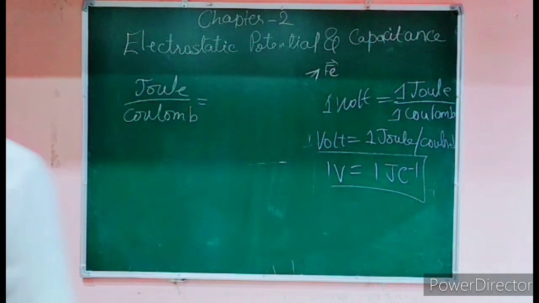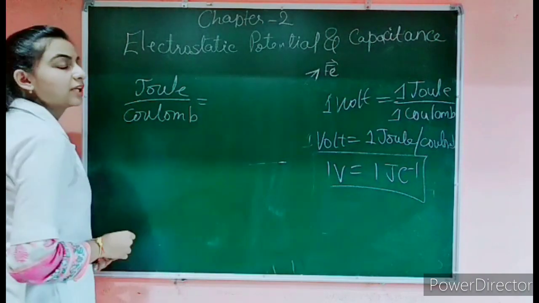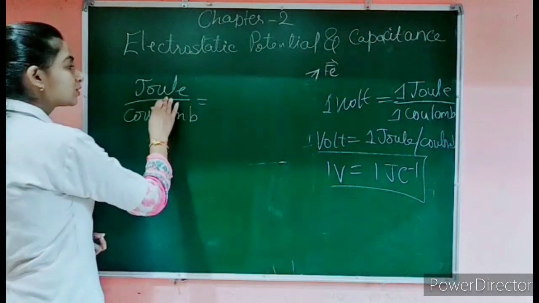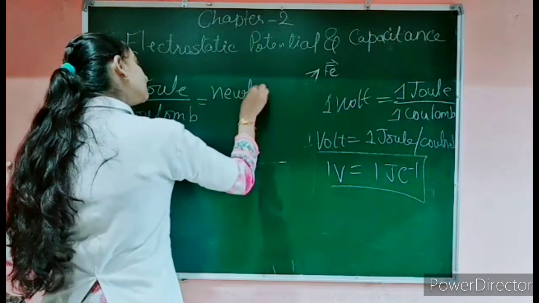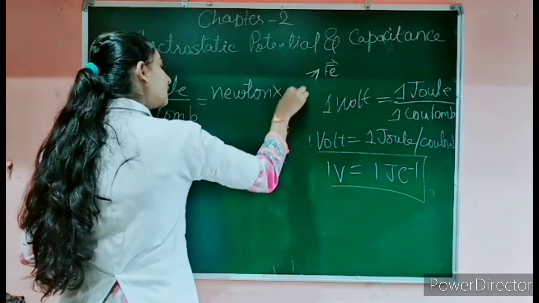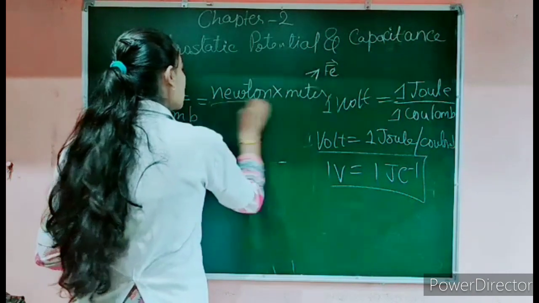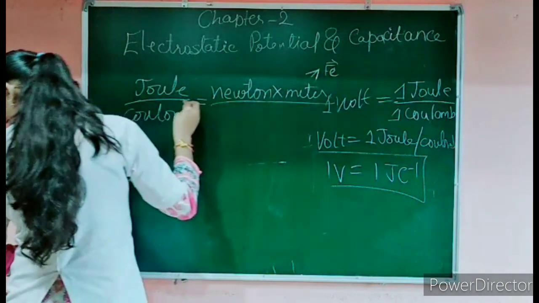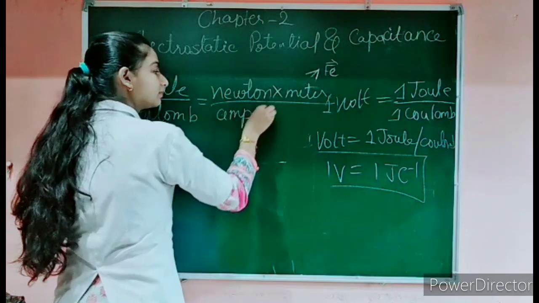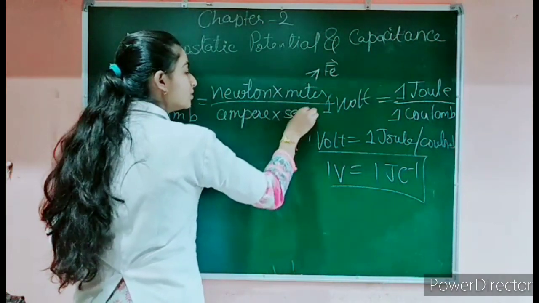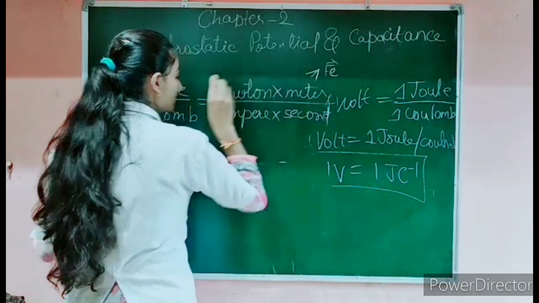Now, to represent it in the dimensional formula, we know that joule is equal to Newton into meter upon ampere into second.